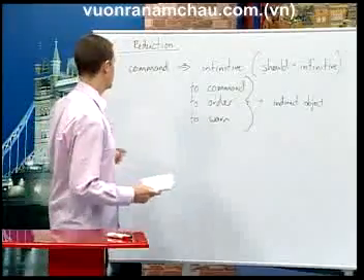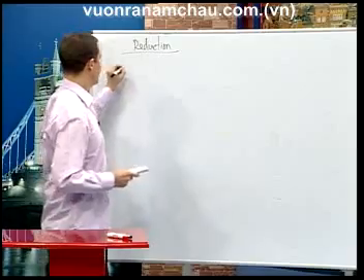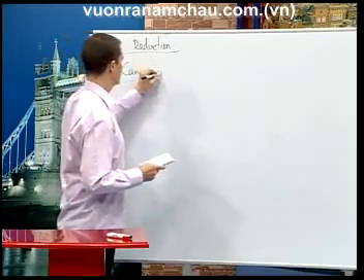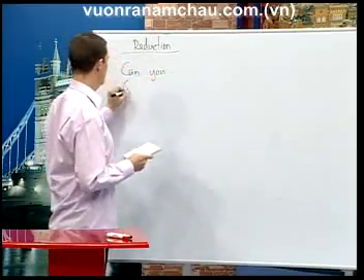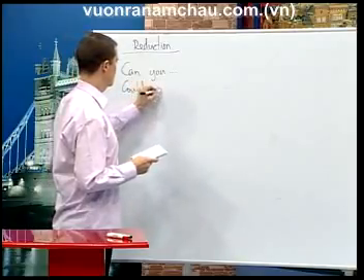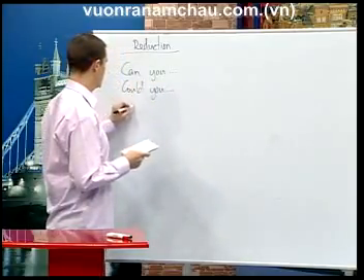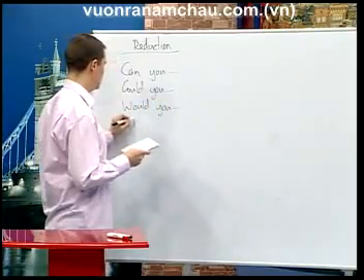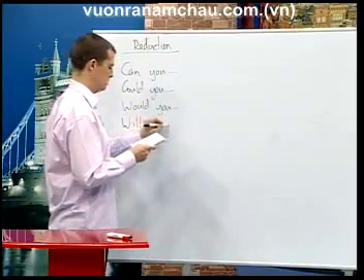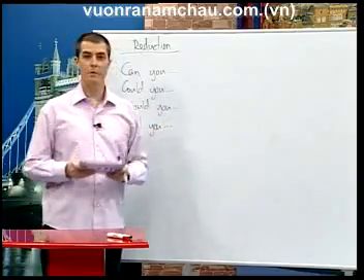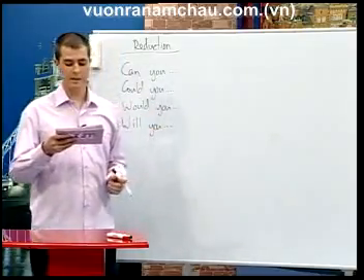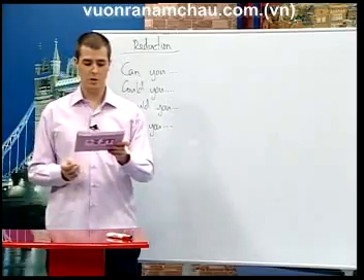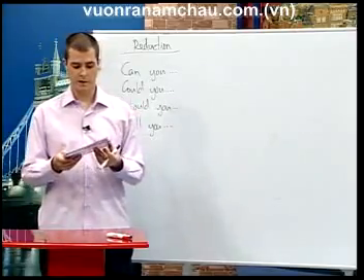Okay, requests with can you, or could you, or would you, or will you, can be reduced to an infinitive phrase. Now, a direct object must be used with the infinitive phrase.